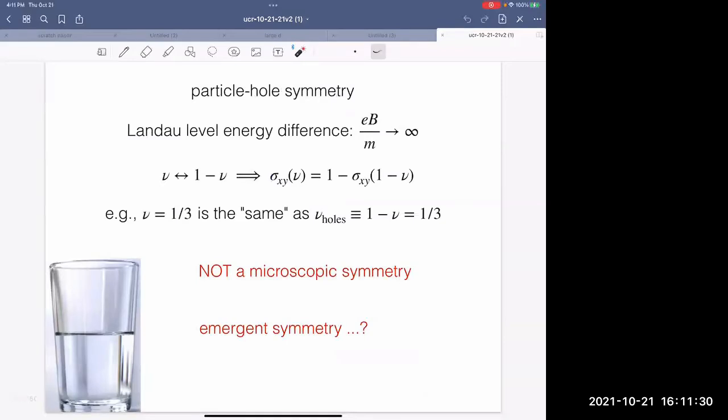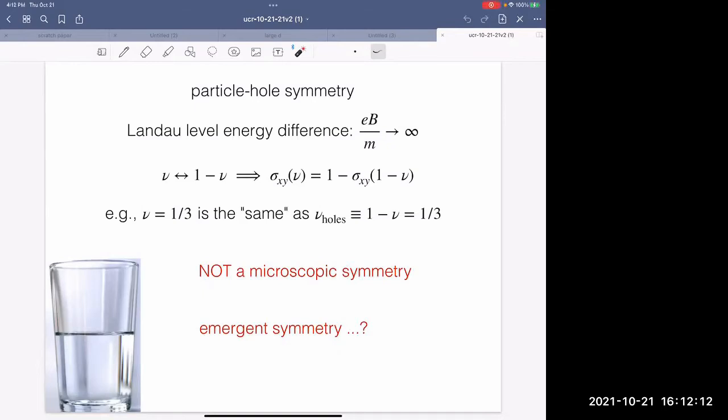The second point has to do with symmetries of the system. The energy spectrum of electrons in a magnetic field is characterized by the cyclotron energy, going as the magnetic field over the effective mass of the particles. This particle-hole symmetry obtains in the idealized limit where this energy gap goes to infinity. The basic premise is that in this hypothetical limit, the electron Hamiltonian essentially has two choices for how you want to describe the physics.